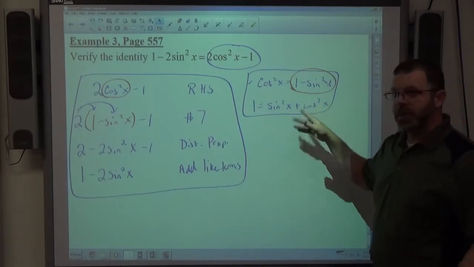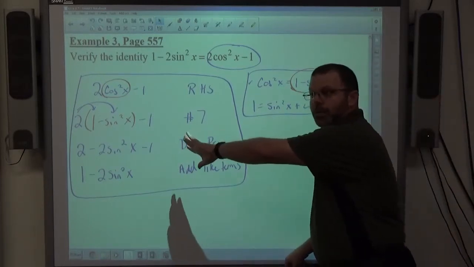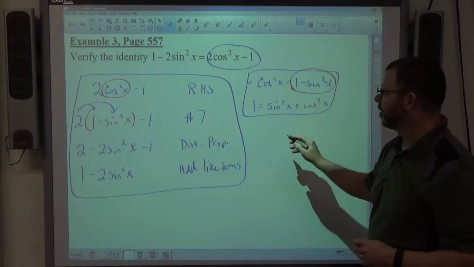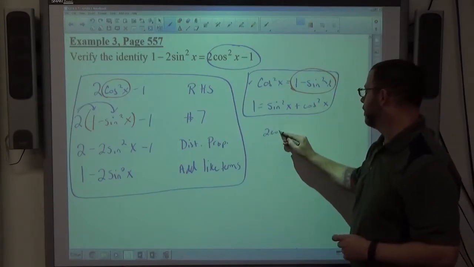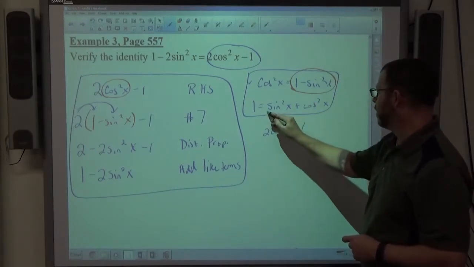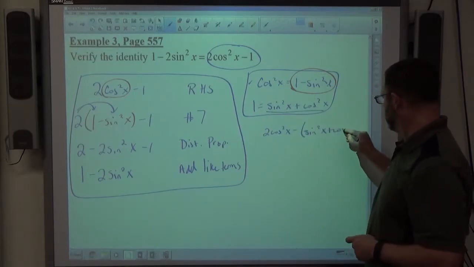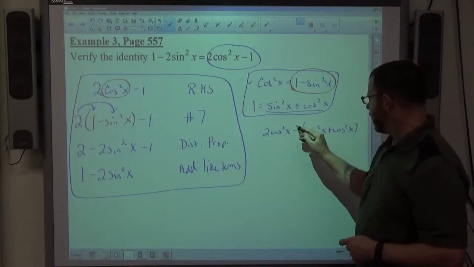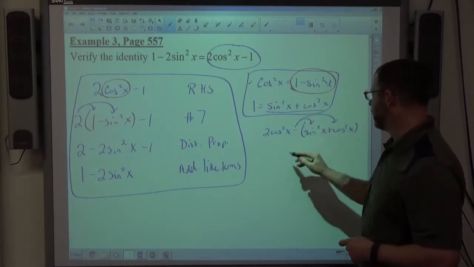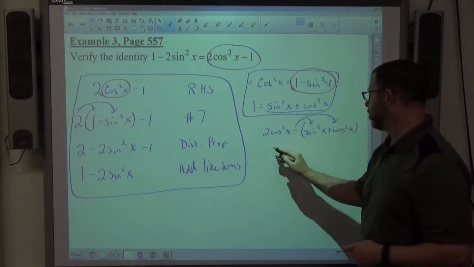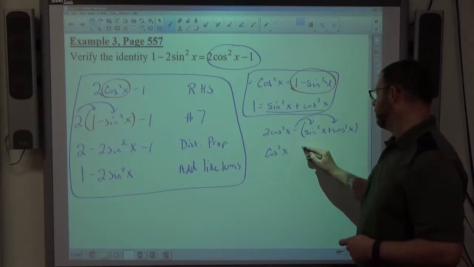Had I gone with this one instead, I would go with that one personally. But had I gone with this one instead, watch what happens. 2 cosine squared of x minus, and then I'm changing this to sine squared plus cosine squared, right? And if I distribute the minus sign there, that's going to get me 2 cosine squared minus cosine squared means cosine squared minus sine squared.